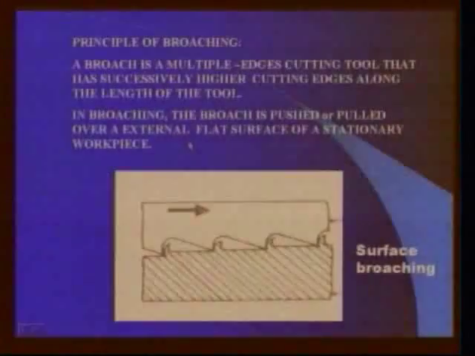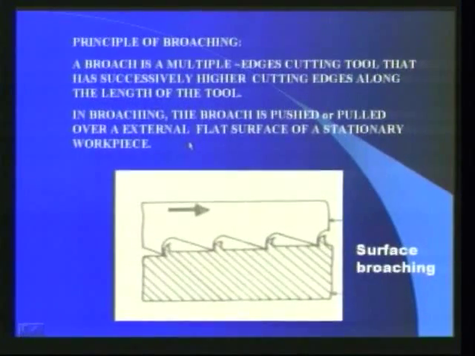Now we discuss the principle of broaching. In broaching, the broach is pushed or pulled over an external flat surface of a stationary workpiece. In internal broaching, the broach is pushed or pulled through the hole in the stationary workpiece.